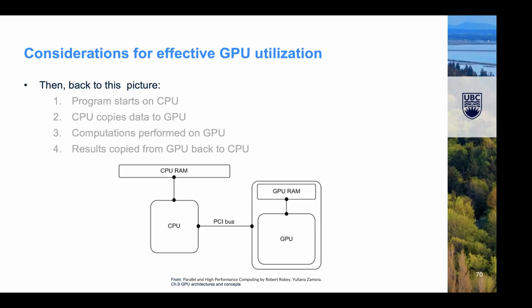That PCI bus is one type of interconnect. There are different types of interconnects for CPUs and GPUs. I know between GPUs we're using NVLink. I'm not sure what we're using between GPUs and CPUs on Sockeye, to be honest, but there is a fair amount of latency there when transferring between the CPU and the GPU.